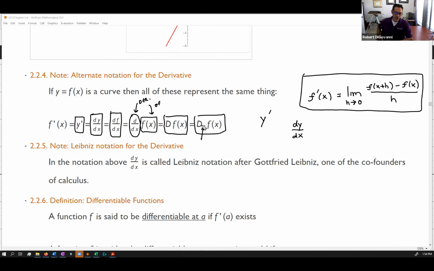I know that that's annoying, but if you ever get to Cal 3, you'll understand why these notations are necessary. Everything we do in Cal 1 and Cal 2 is a function of a single variable, meaning every function we deal with is like f of x. You give me an x, it'll spit out some value.